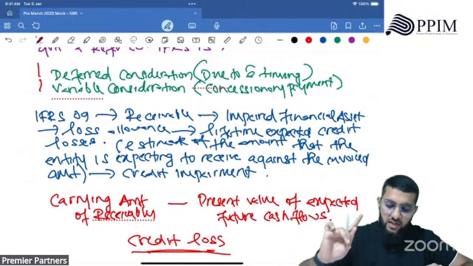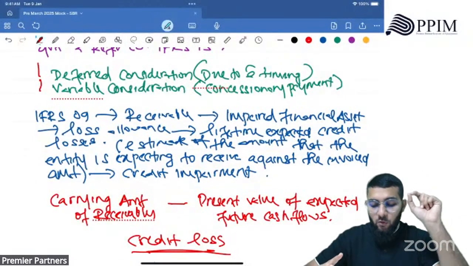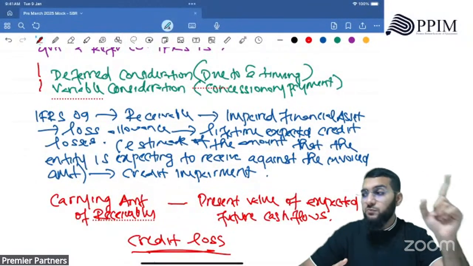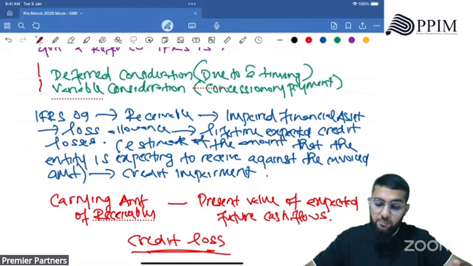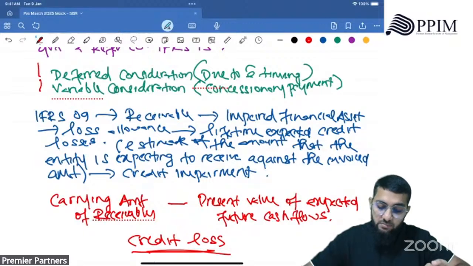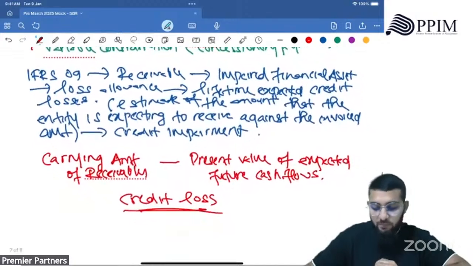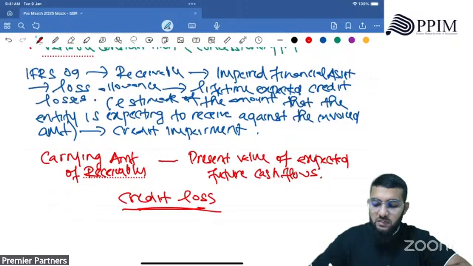When it's a financial asset that is overdue, it is an impaired financial asset, whereby you have to do a loss allowance, where IFRS 9 allows a simplified loss allowance approach where you can bring in lifetime expected credit losses instead of 12 months. So for receivables, you can do lifetime, which is the estimate of the amount that the entity is expecting to receive against the invoiced amount, right? Which is credit impairment. So how do you calculate that? Carrying amount of receivables, and you deduct your present value of expected future cash flows from that carrying amount.